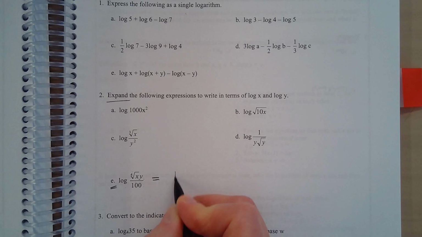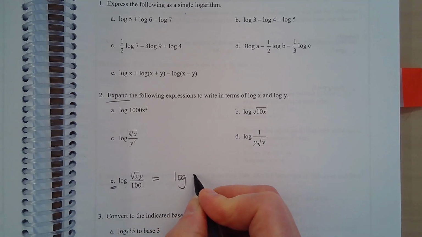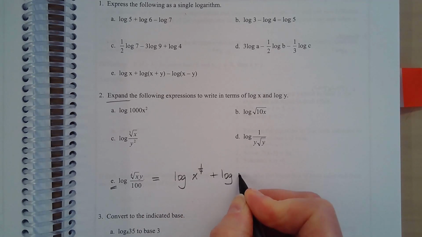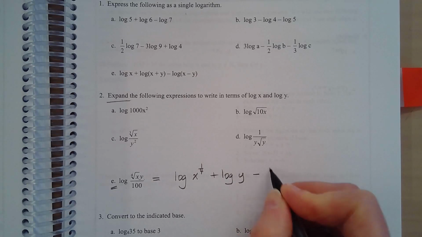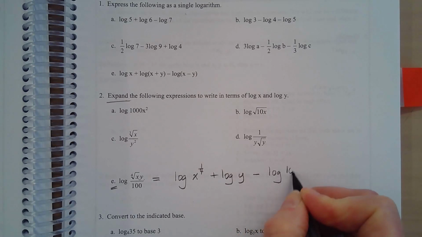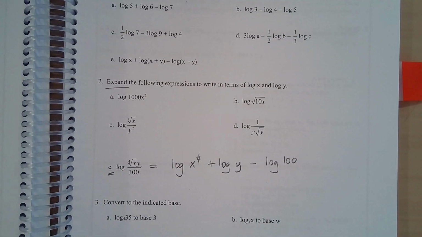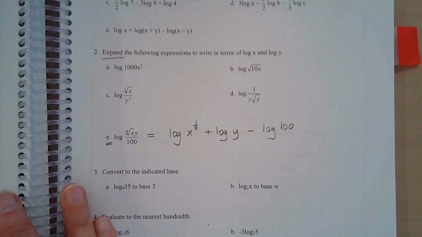Okay, so the first thing I'll do is I'll say log of x to the 1/4, and I think I'll break this apart too at the same time, plus log of y minus log of 100. Okay? And now I'm going to simplify, I'm going to make it as big as I can, I guess.